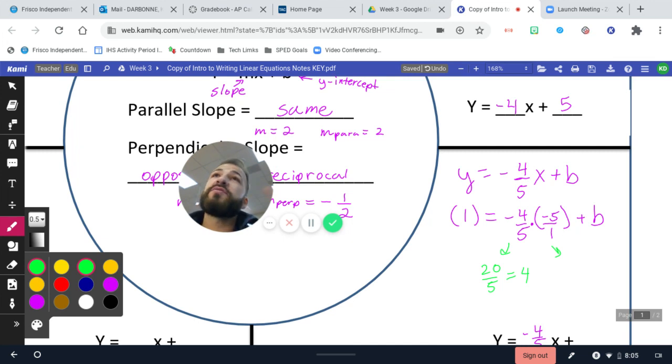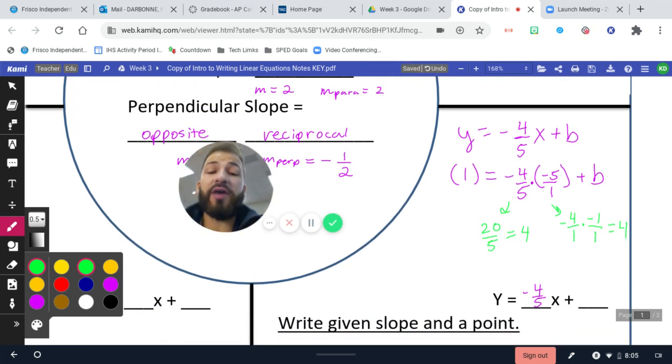If I have two numbers in opposite positions in the fraction, I can reduce them by a number they're equally divisible by. 5 and 5 are both divisible by 5, so I can also reduce this to -4 over 1 times -1 over 1, which would just equal -4 times -1, which would be 4.